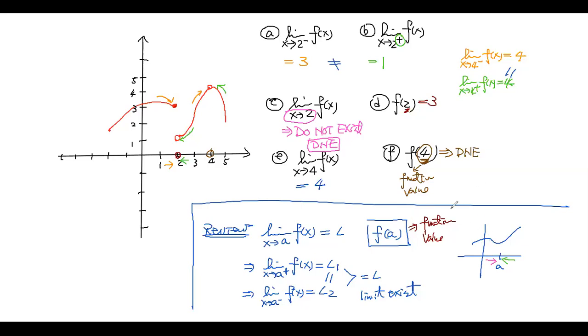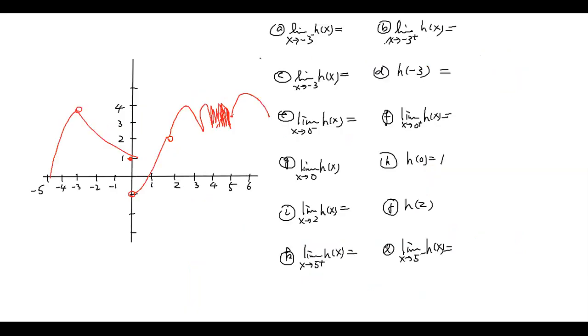Okay, now that's good. Let's take a look at our next one. This one I really cannot draw very well, but you can reference back to your handout, the front page, and you should be able to see it.